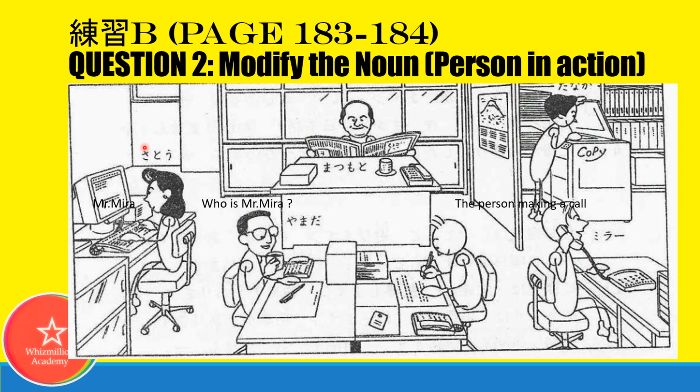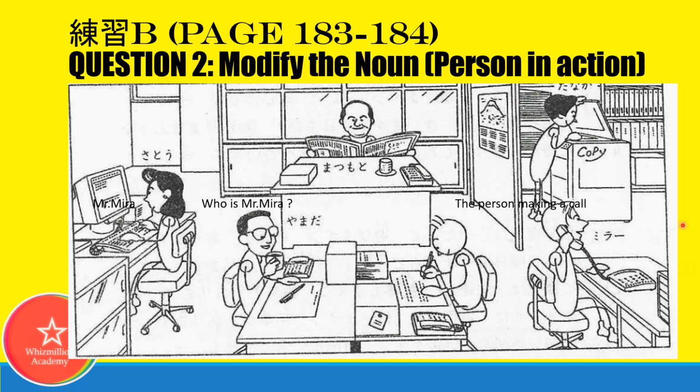The third person is Sato-san, who is using the computer. The fourth person is Mira-san, who is making a call. And the last person is Tanaka-san, who is using the copy machine to copy some documents.